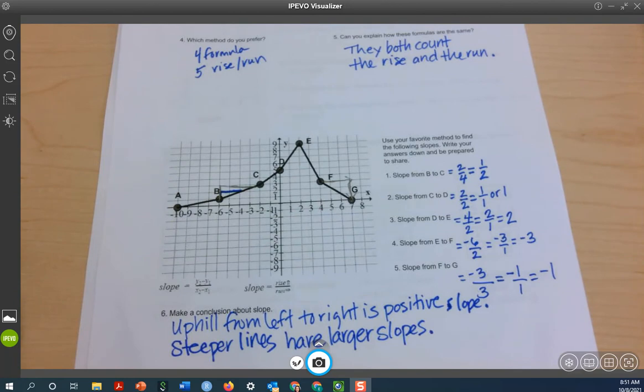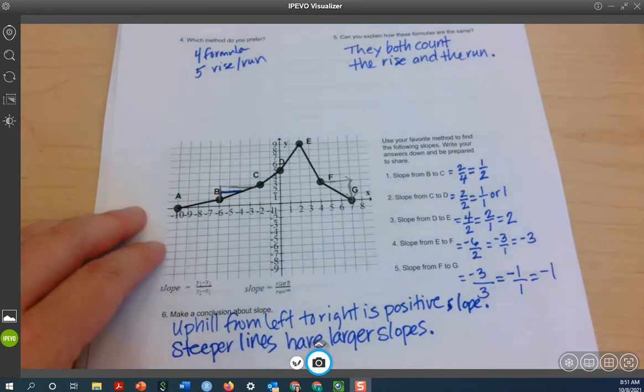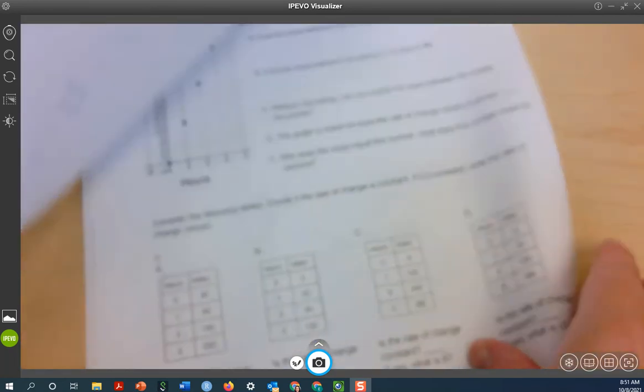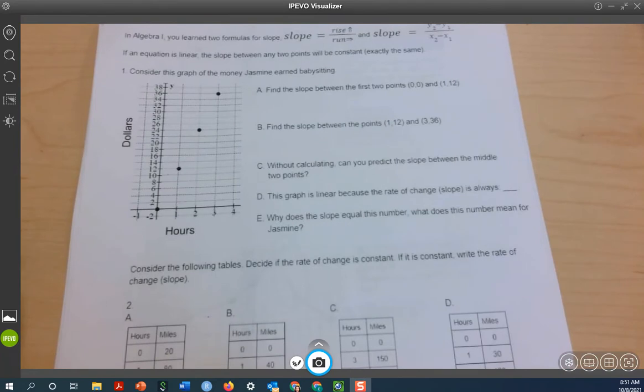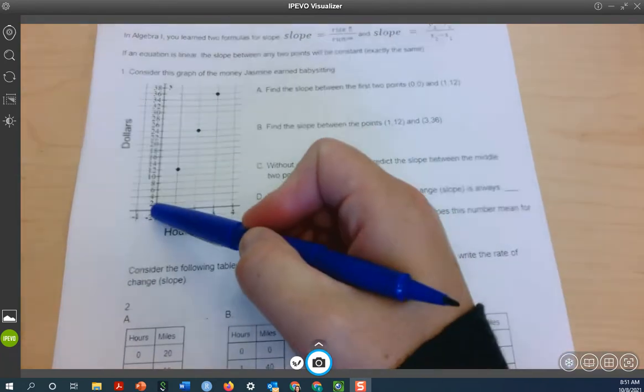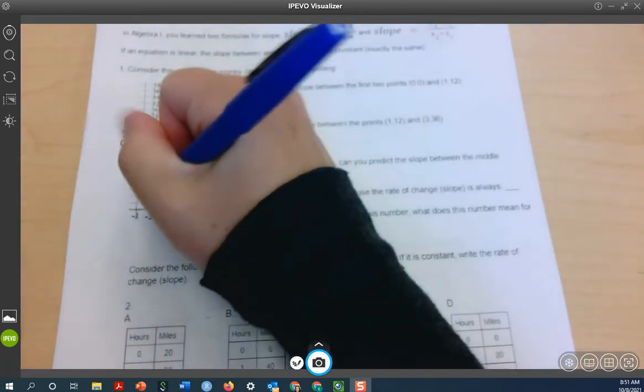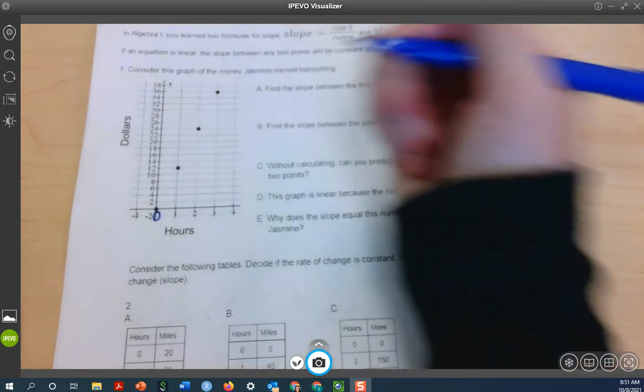Okay, so some of you have worked ahead, which is super, but if you haven't, that's fine, because this is where we are right now. We're here. So this is a graph of the money that Jasmine earned babysitting. So you can see if she worked 0 hours, there's no 0, but there should be.